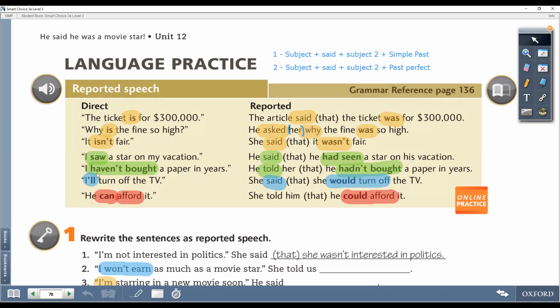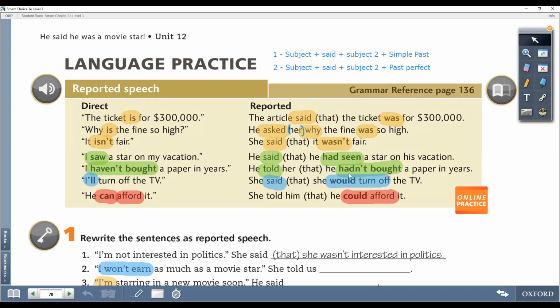So let's see, in the future, we say, I'll turn off the TV. I will turn off the TV. Contracted, I'll turn off the TV. So reporting. She said she would turn off the TV. Oh, look what happened.